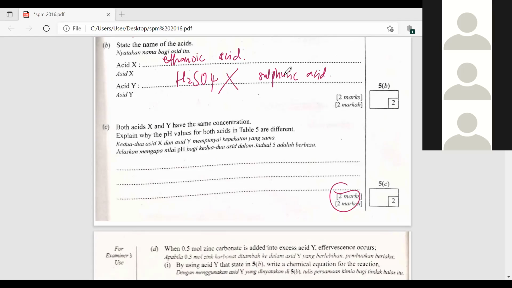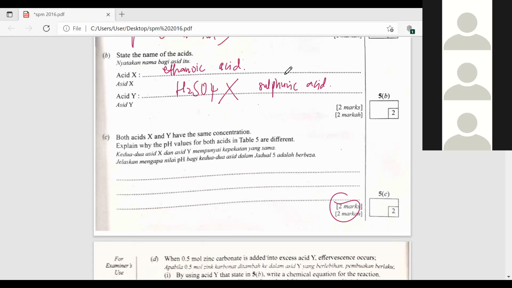Okay, they both have the same concentrations, but their pH are different. Why? Famous question, huh? They like to ask this question, and the answer is very, very simple. Team B, I think, did it with me. Okay, somebody wants to answer? Is it because the concentration of hydrogen ions produced are different?